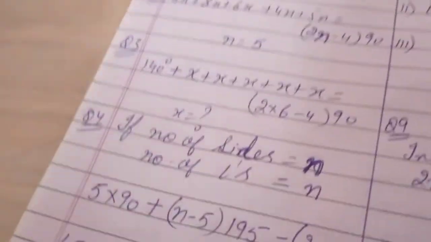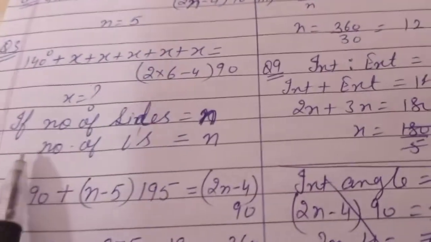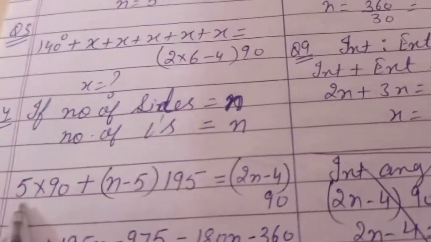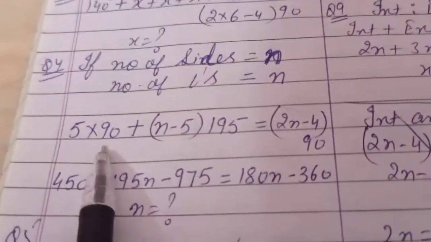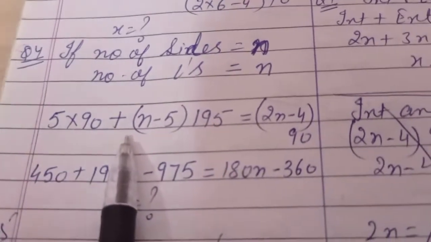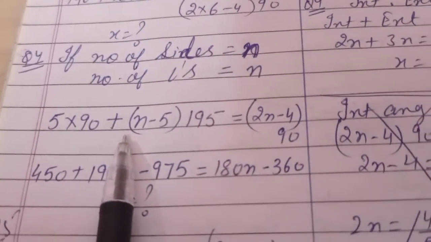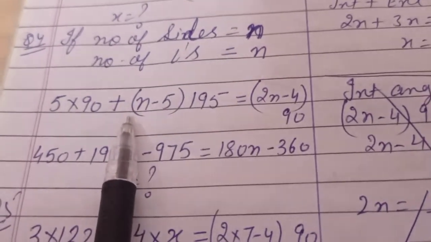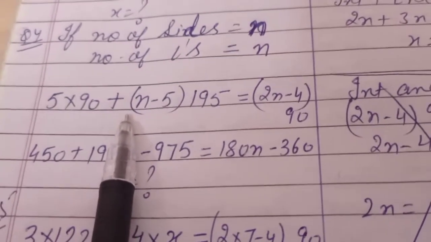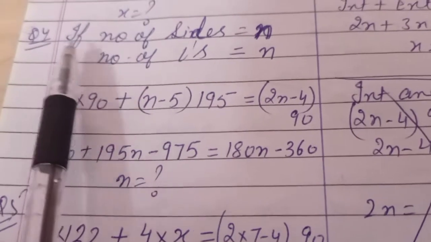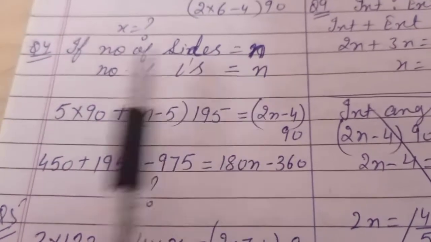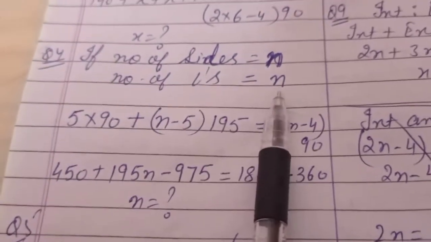Question number 4: in a polygon, there are 5 right angles, that is 5 into 90, and the remaining angles are equal to 195 each. See, beta, how to do this question. If the number of sides is n, the number of angles will also be n.